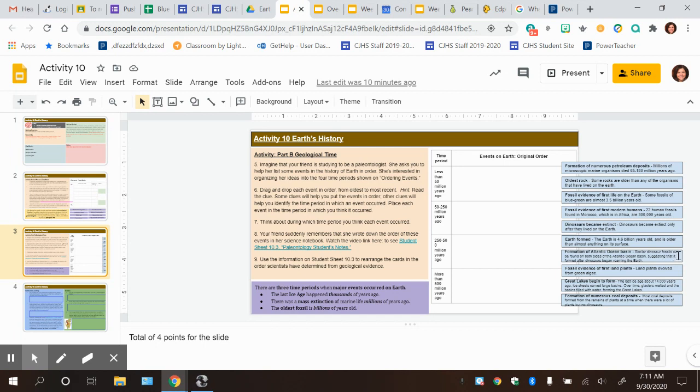Okay, this one says formation of Atlantic Ocean Basin. Similar dinosaur fossils can be found on both sides of the Atlantic Ocean Basin, suggesting that it formed after dinosaurs began roaming the Earth.